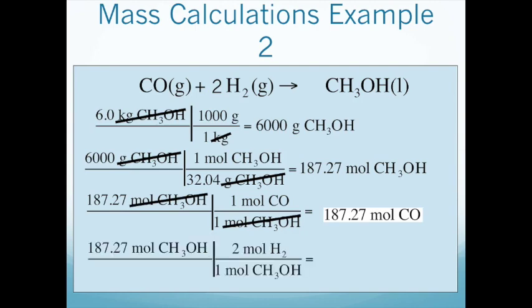And we know that the number of moles of hydrogen consumed is 2 per mole of methanol. So we have to consume 374.53 moles of hydrogen in this same reaction.